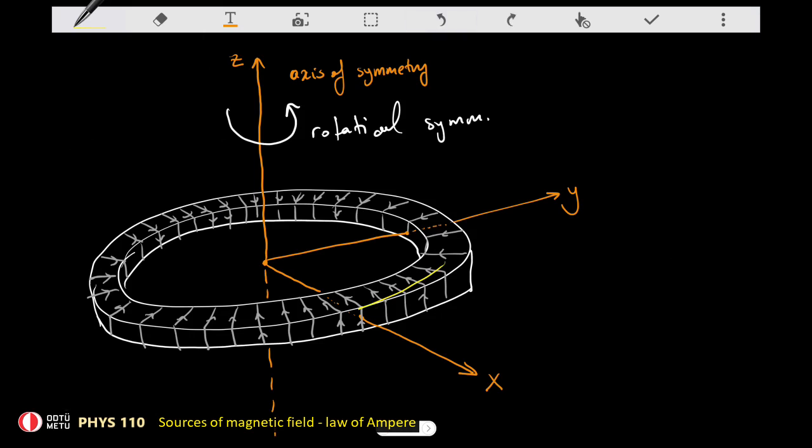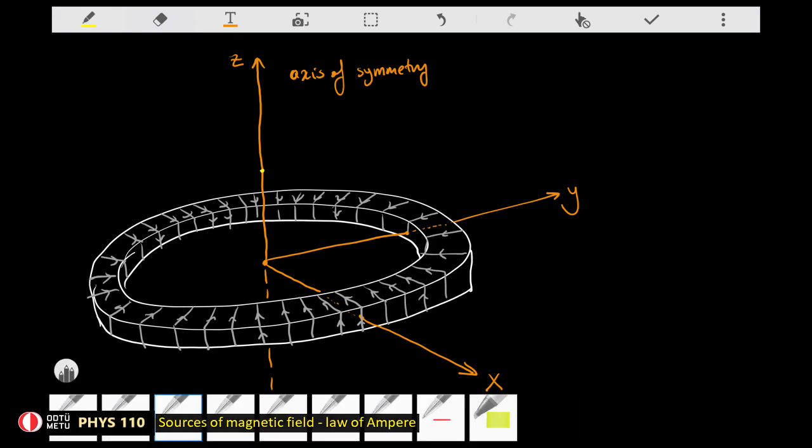So there's an inside field inside the toroid, but outside too, they are going to be in the shape of these circles whose symmetry axis is the same as the axis of symmetry of that shape. Okay. So then let me erase all of these details because I want to do a calculation.